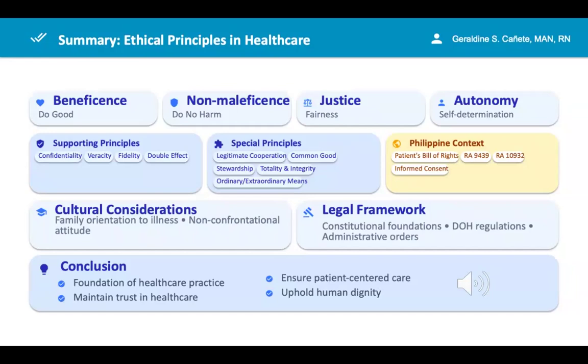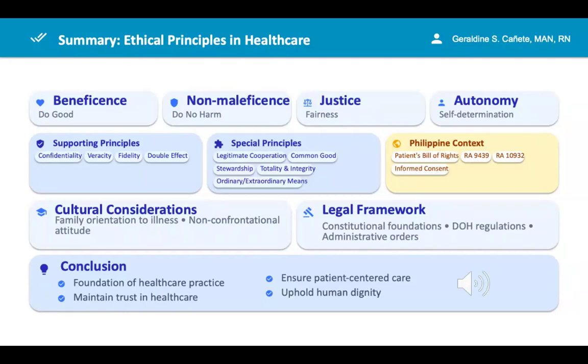Supporting principles would include confidentiality, which protects trust, veracity that protects the truth, fidelity that protects commitment. Even the principle of double effect reminds us that complex decisions sometimes carry unintended consequences and we must evaluate them carefully.